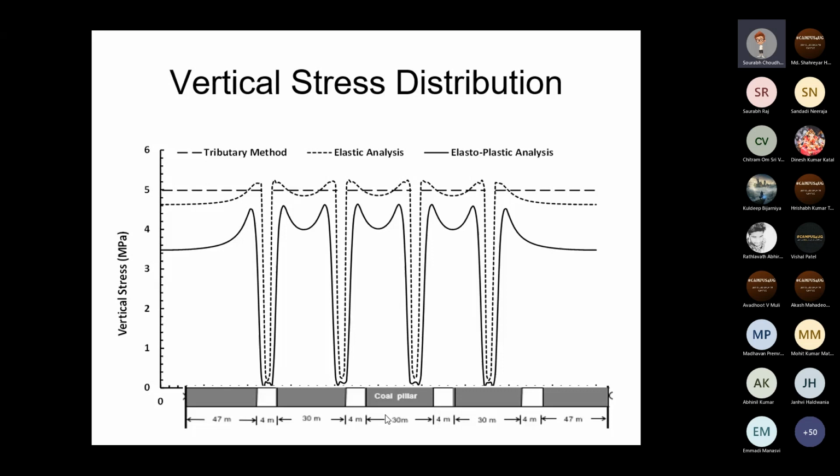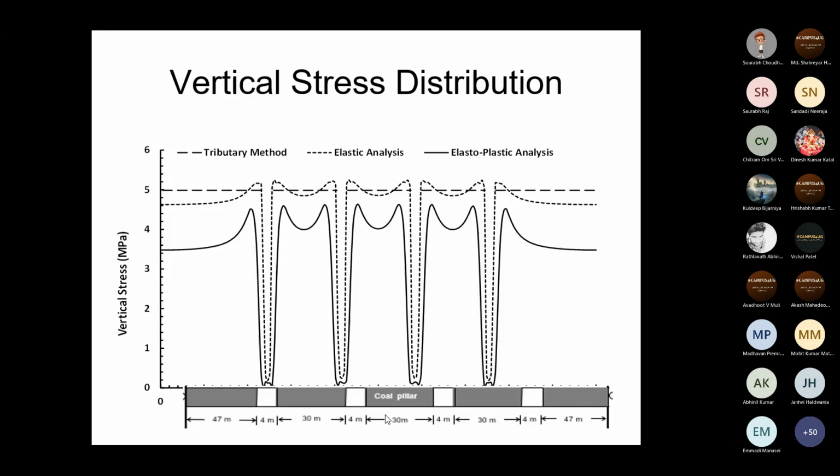Sir, what is the influence area of two pillars that are near. Yeah, there are five pillars and four openings being shown, and this level of opening is being shown by the length.